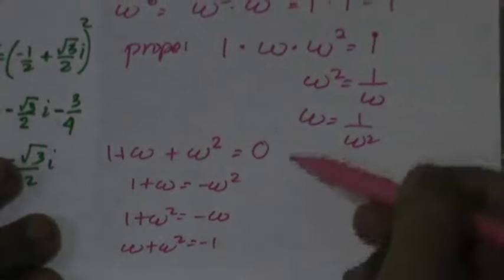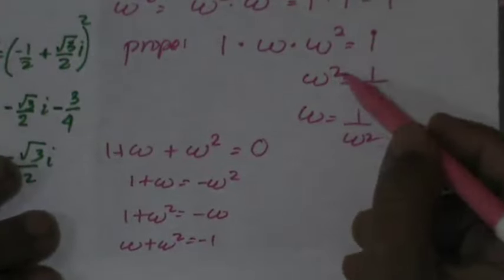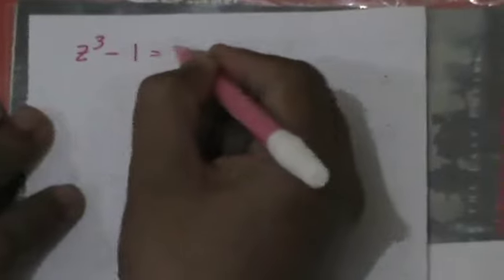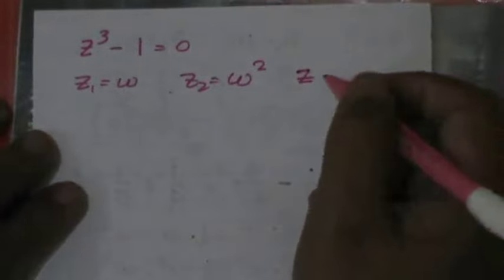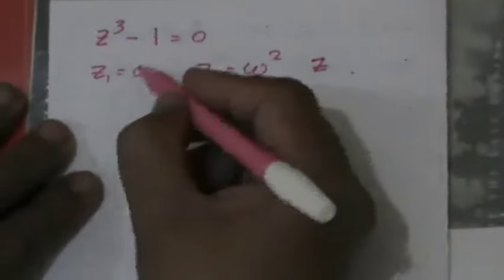Now, this is the reciprocal property. I think I would rather write it down. So what are the properties? Again, if you have z cubed minus 1 is equal to 0, and you let z1 be 1, the z2 is omega.